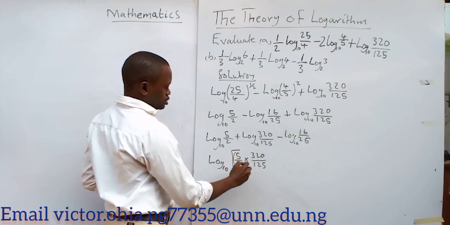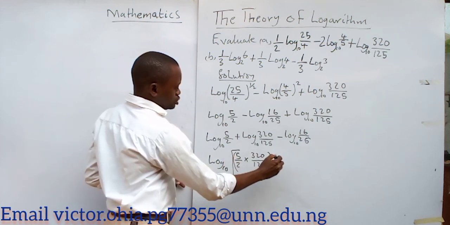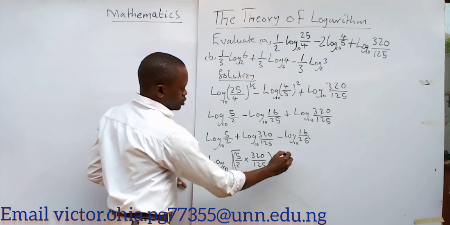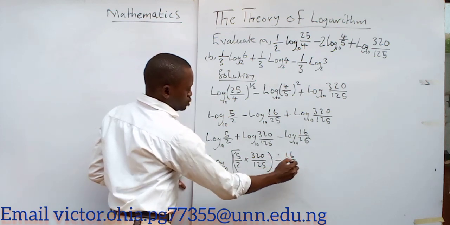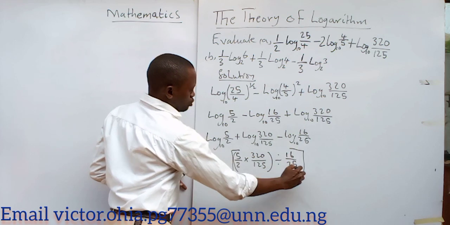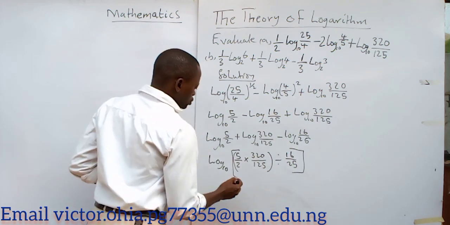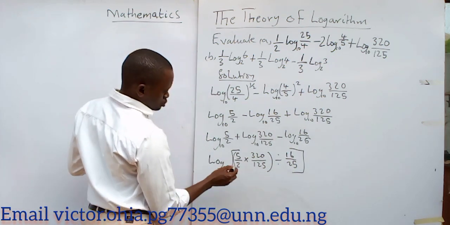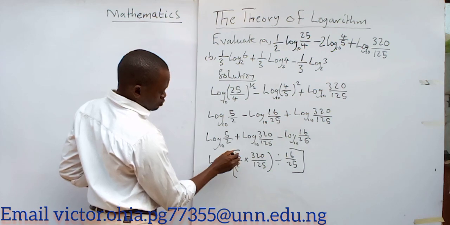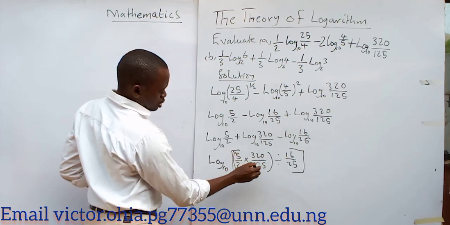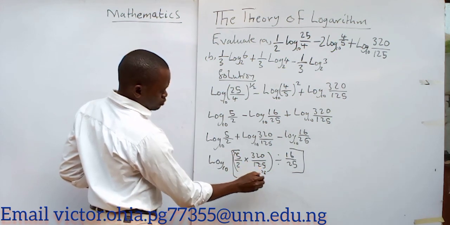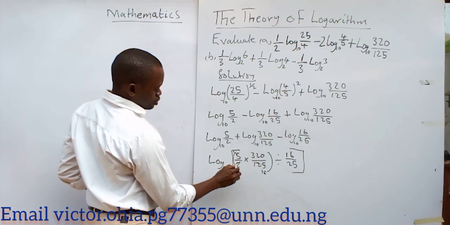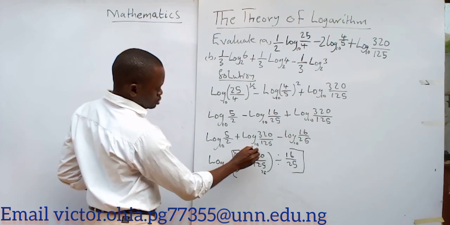Let me cover this like this and put it divided by 16 over 25. Then I'll cover it like this so that some cancellations can take place. 5 can cancel itself, 1 and 1, 125 and 25. 2 can cancel itself here, 1 cancels here, and 16.